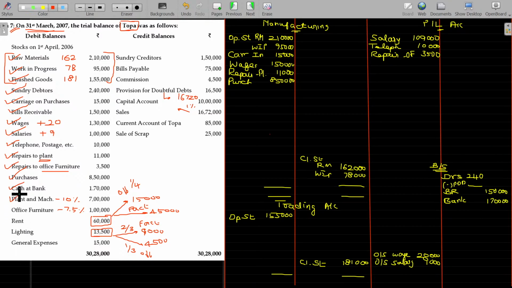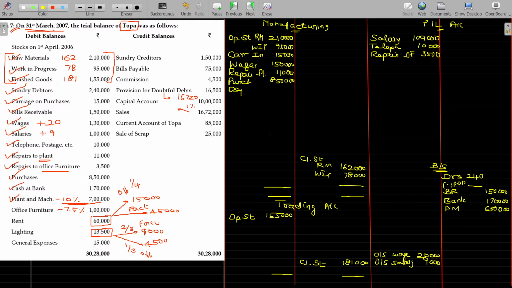Plant and machinery, asset. So plant and machinery, P&M, 7 lakhs, depreciation being 10% on that, 70,000. After subtracting, the plant and machinery to be posted in the balance sheet being 6 lakhs 30,000. I request you to post the full value and subtract 70,000 in the inner column and post it outside.